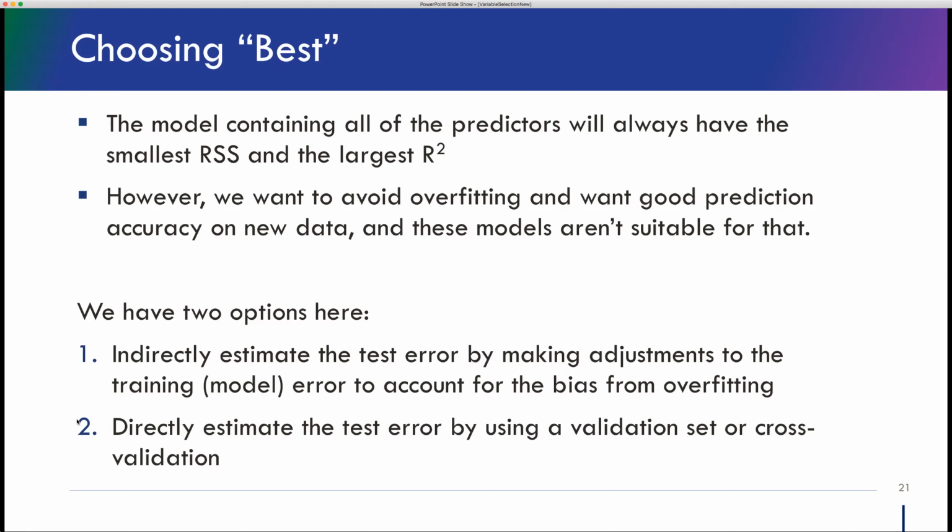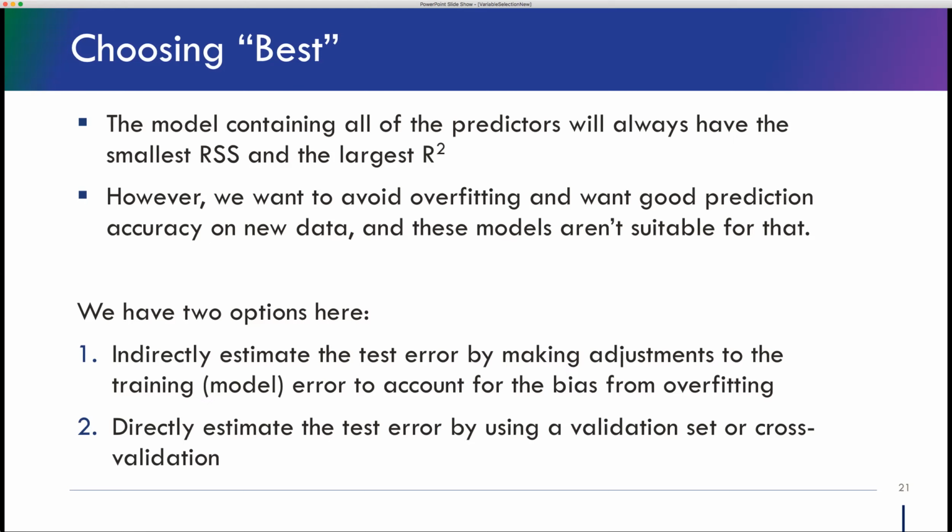Or we can directly estimate the test error by splitting into our training and testing data. That is our validation set method, or we do cross-validation, like k-folds, where we do our modeling on the training part and test on our validation set.